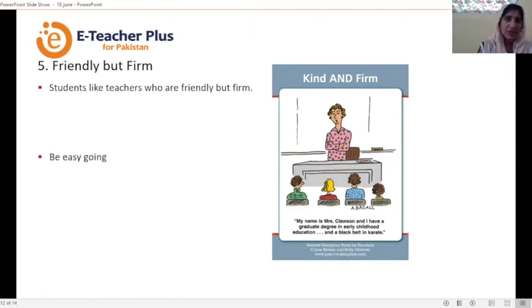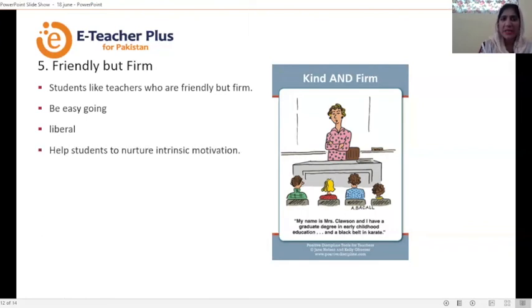Teachers are supposed to be liberal and easygoing, free from bias, and should use very polite and respectful language and make sure everybody follows established norms. A friendly environment helps students nurture intrinsic motivation, which drives a person forward.